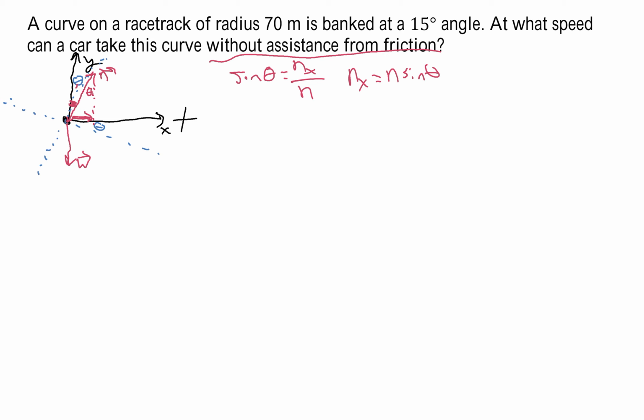Okay, and then the normal in the y direction we found the same way, except it's going to be cosine theta equals normal in the y direction over normal. So we'd have normal in the y direction equals normal cosine theta. Okay, so we're just going to work with the normal vector here, no problem.